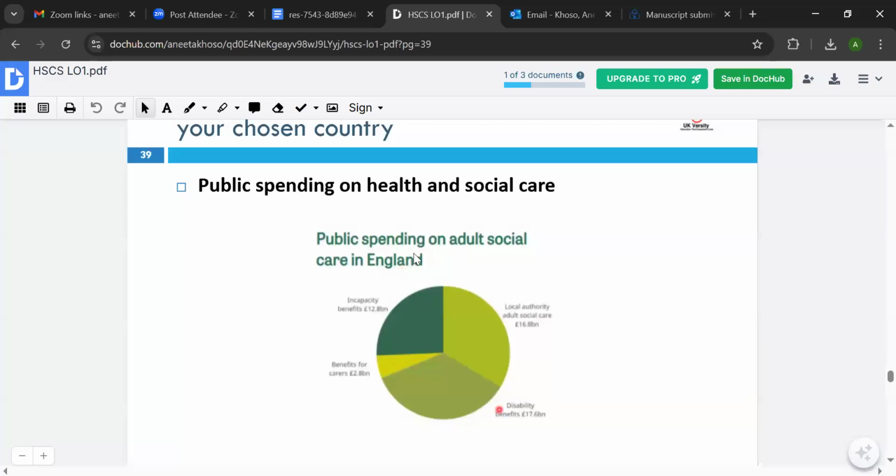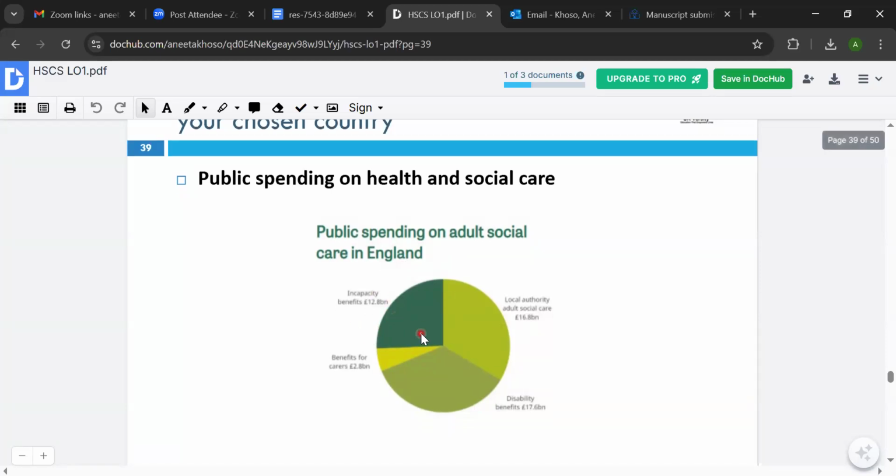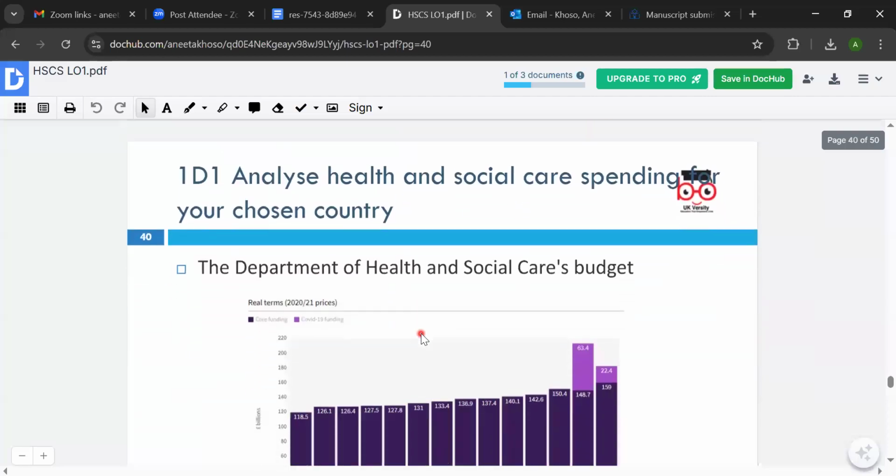If you see in this pie chart, most of it is utilized on disability benefits, which accounts for 17.6 billion pounds. And then there's local authority adult social care, 16 billion pounds. Incapacity benefits, 12 billion pounds, and benefits for carers, which is 2.8 billion pounds.